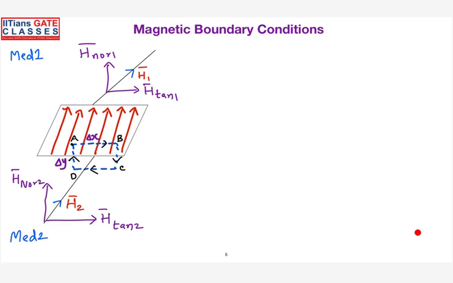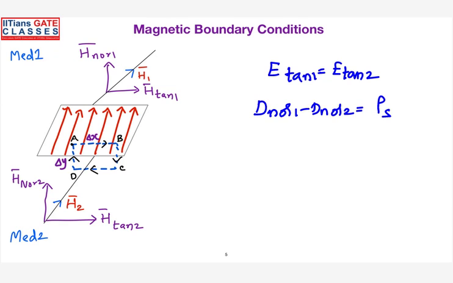When the wave enters from medium 2 to medium 1, the first condition is that the tangential component of the electric field remains the same irrespective of the medium. And the second is D normal 1 minus D normal 2 is equal to the surface charge density. If you interchange this, your answer is going to be wrong.